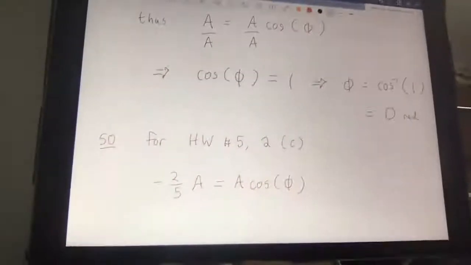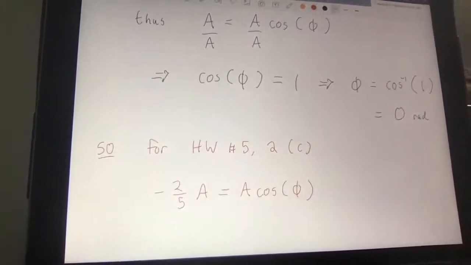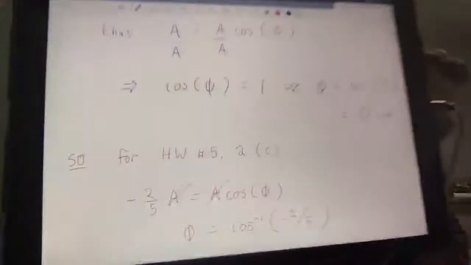So we write negative 2/5 A, and then that would equal A cosine phi, okay? Exactly. You got it, Brian. And then you'd solve for phi. You'd cancel out the A's. And so then you'd find that phi is just cosine inverse of negative 2/5. Okay? Just like that.